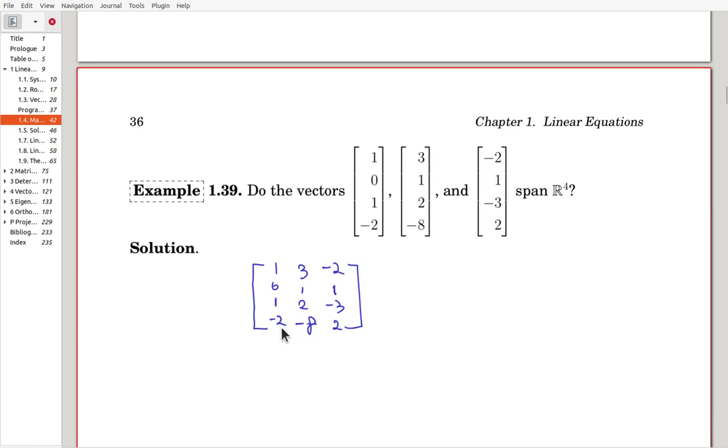However, we have 4 rows, so at least one row cannot have a pivot position, so the answer for this question is no. Quite easy, you can see that.